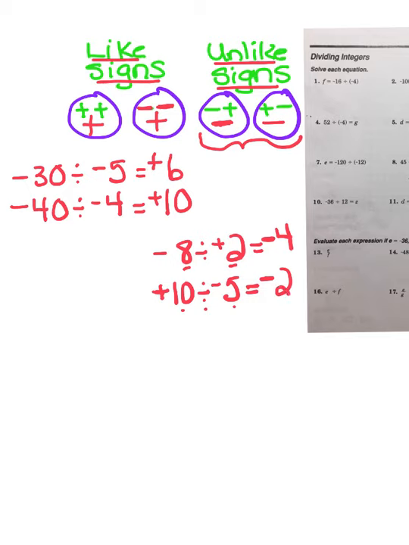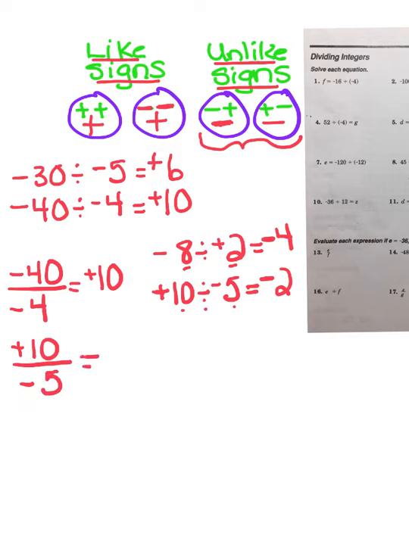And by the way, don't forget, division can be expressed in fraction form, like negative 40 divided by negative 4. The answer is still a positive 10. Or the last problem we did, positive 10 divided by a negative 5 gives us a negative 2.